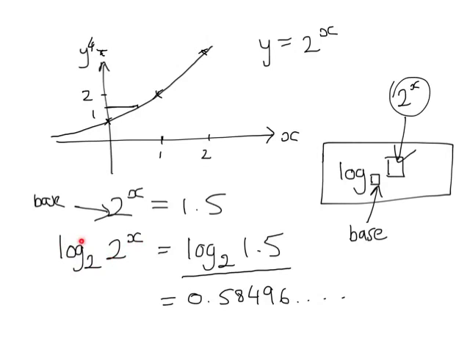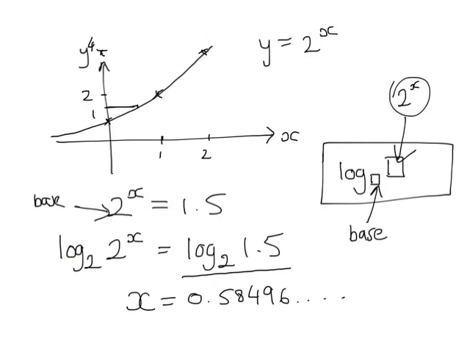And what this log to the base 2 actually does to this equation is it gives us x on the left hand side. So to undo 2 to the power x, we've done the inverse function log to the base 2. And we end up with x equals 0.58496.